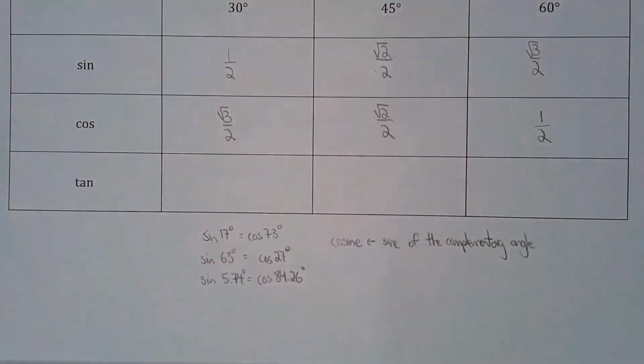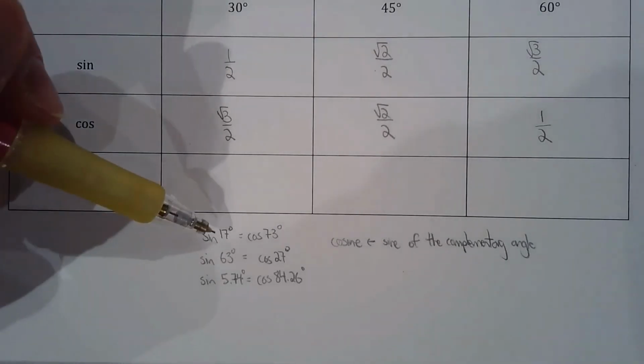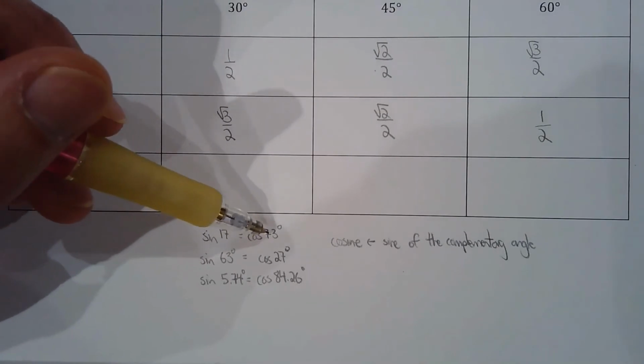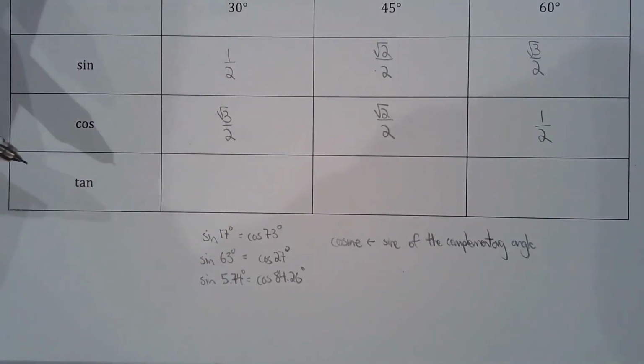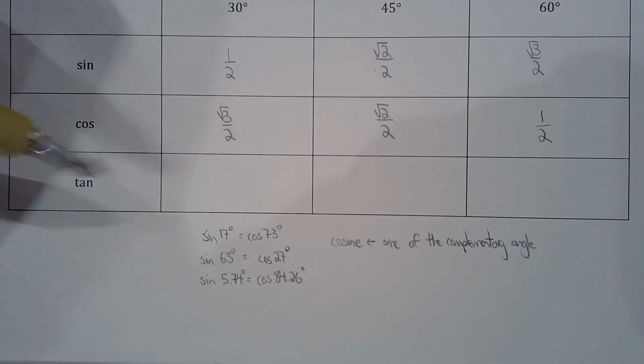Cosine is defined as adjacent over hypotenuse, but you can also think of it as sine of the complementary angle. So what's cosine 73? Ask yourself what's the complementary angle, which is 17 degrees. So sine of 17 is cosine of 73.